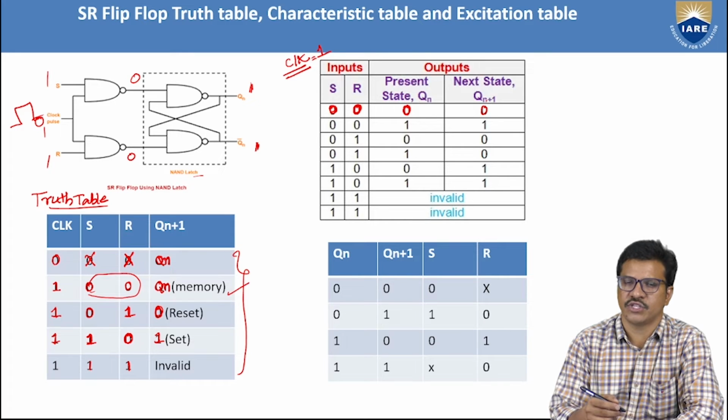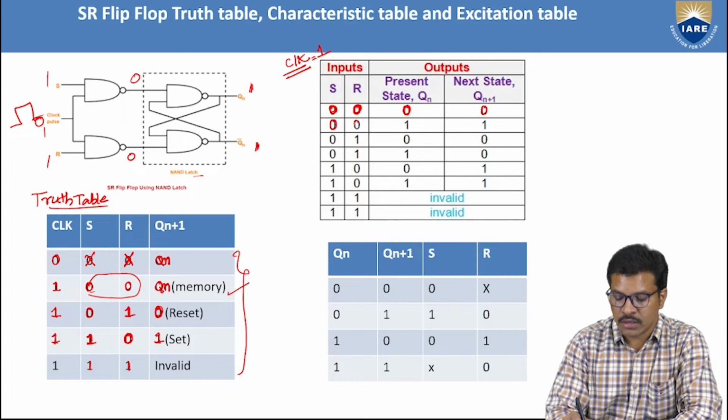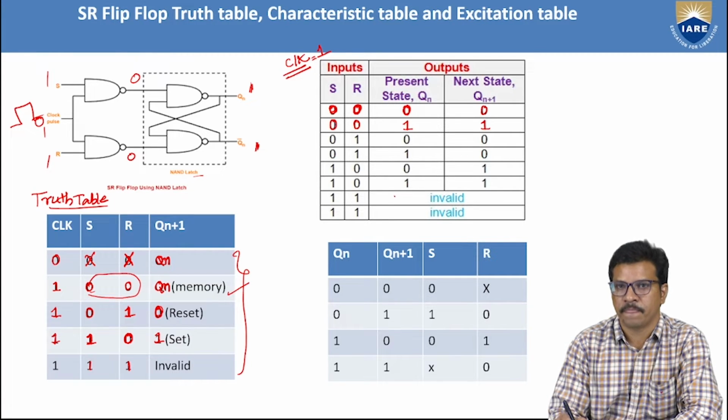It won't change. It is in a stable state. Now, when present state is 1, according to the truth table, with 0 0 the next state will also be 1.